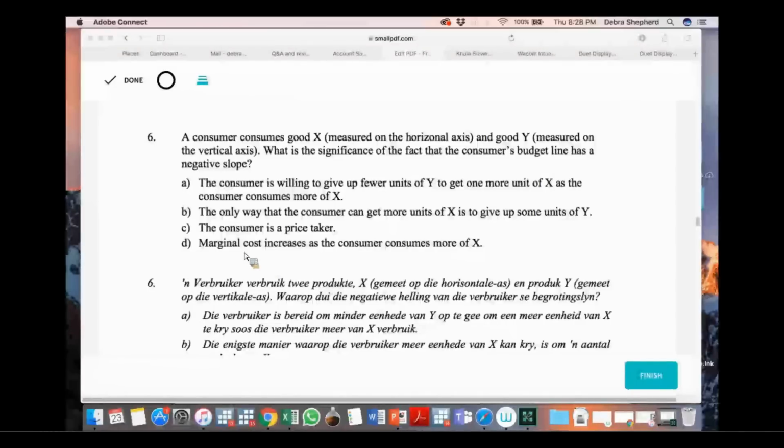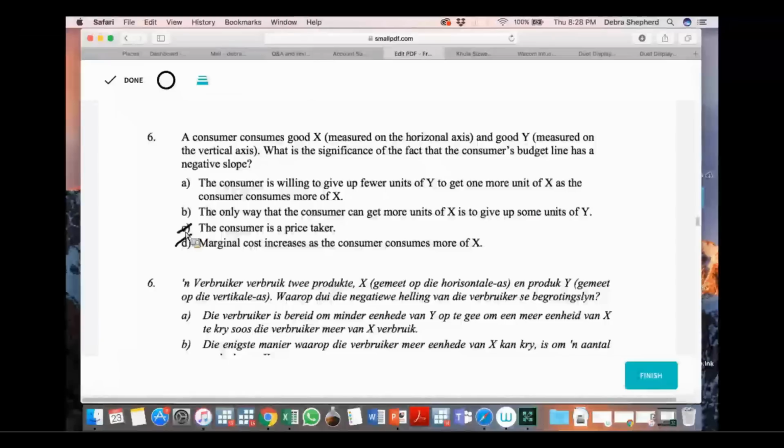So it isn't marginal cost that increases as the consumer consumes more of X. It is actually marginal utility that decreases as the consumer consumes more of X. So as we consume more of something, the marginal utility we get from that thing becomes smaller and smaller. So D is very wrong.